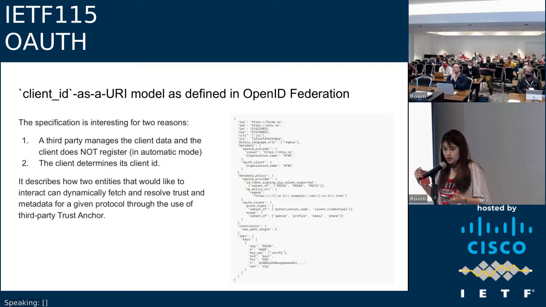One thing is what I took the liberty to call client ID as a URI, or the bring-your-own client ID model, in the existing OpenID Federation spec. Trust and Tobias and I think that this mechanism defined in OpenID Federation is much more powerful than the authors themselves intended.